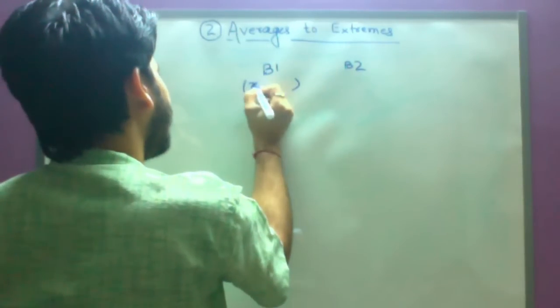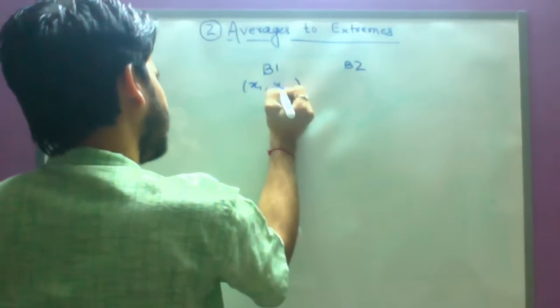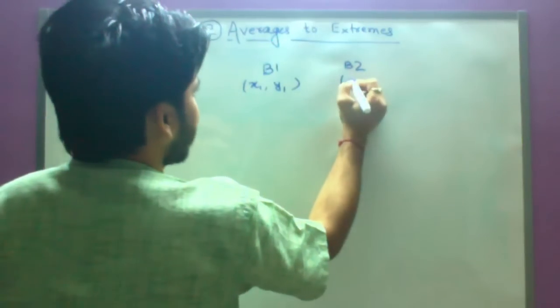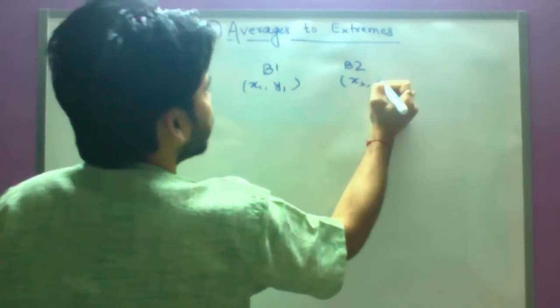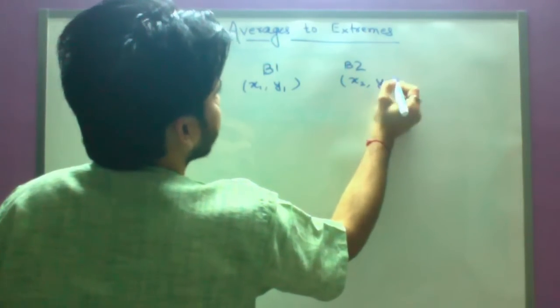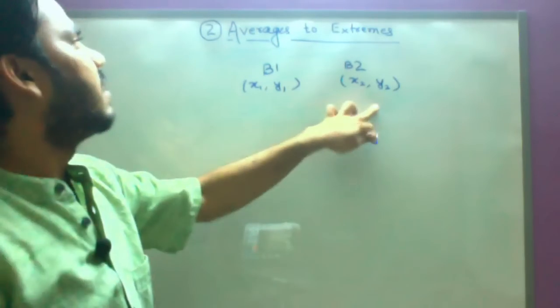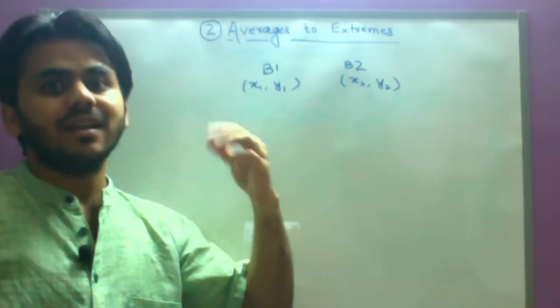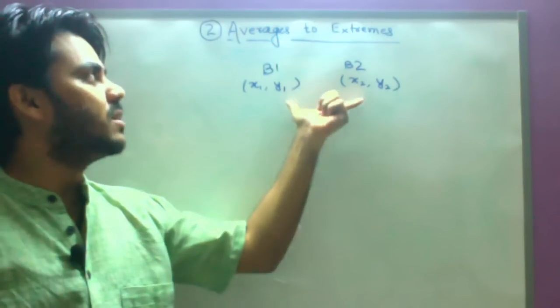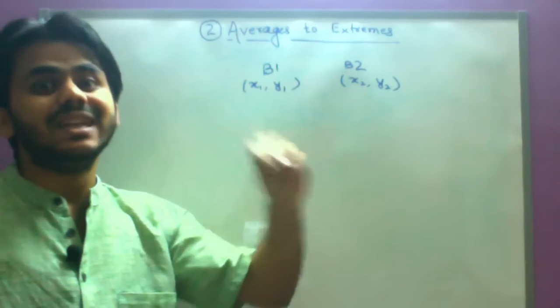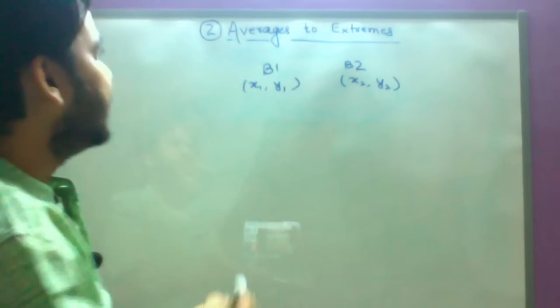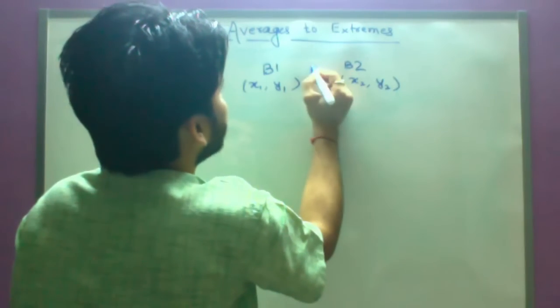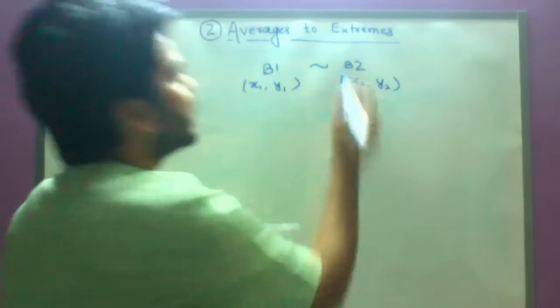This will have X1 and Y1. This will have X2 and Y2. So these are our extremes, and let's also assume that these two bundles are on the same indifference curve, which means that you are indifferent between these two bundles.